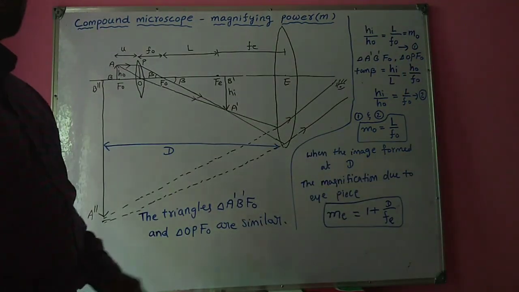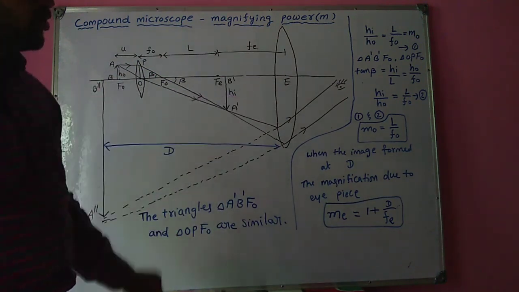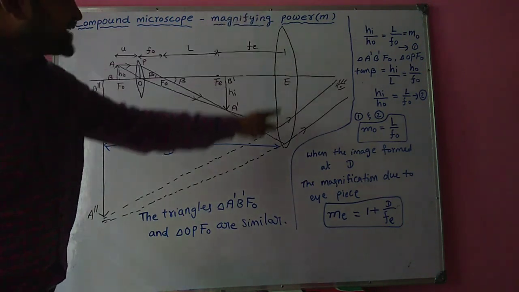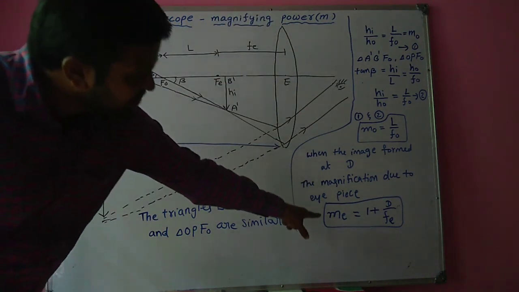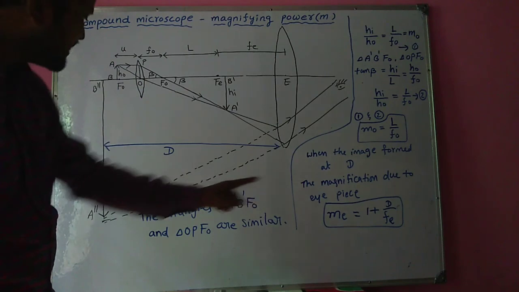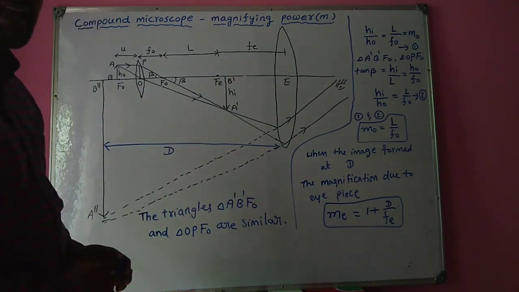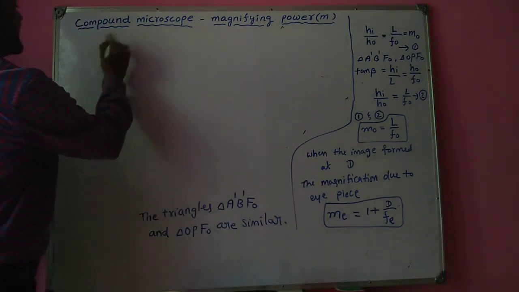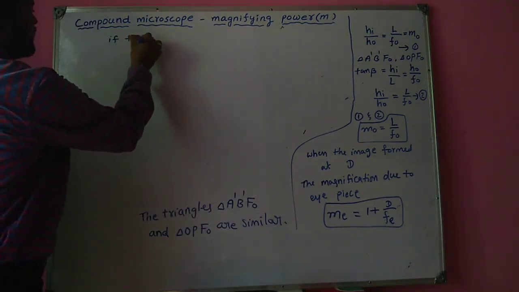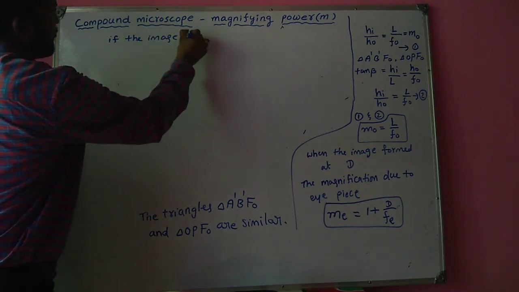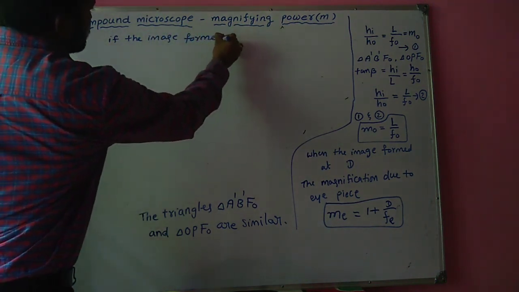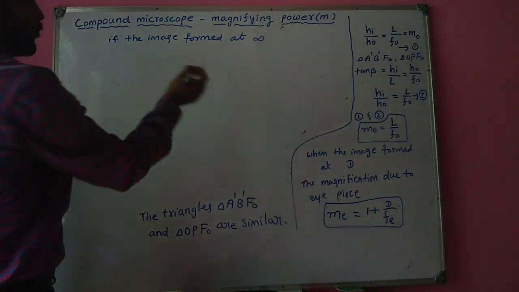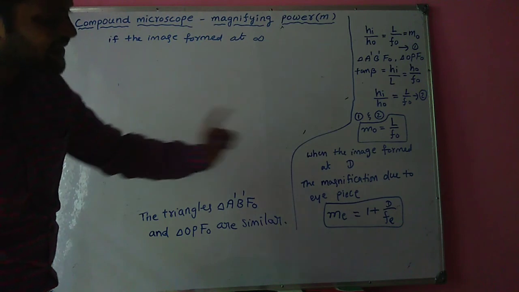MO is the magnification produced by the objective. ME is the magnification produced by eyepiece, because eyepiece acts as simple microscope. So we have taken the simple microscope formula when the image is formed at D, the near point. Now, if the image is formed at infinity, we know the magnification is 1 less than when the image is formed at near point.